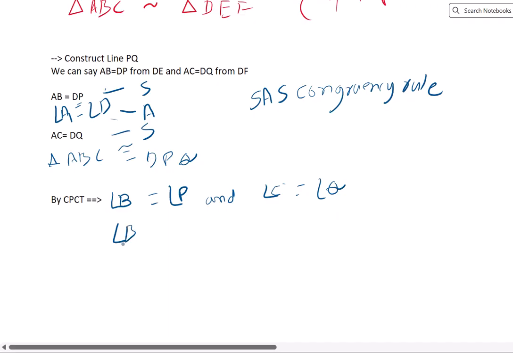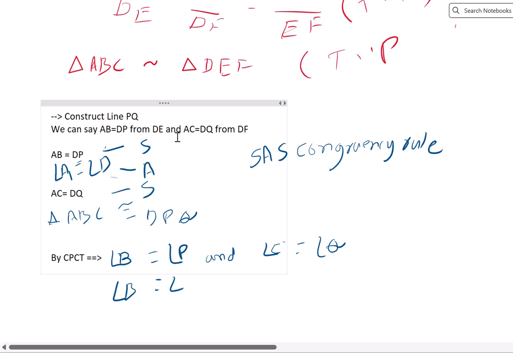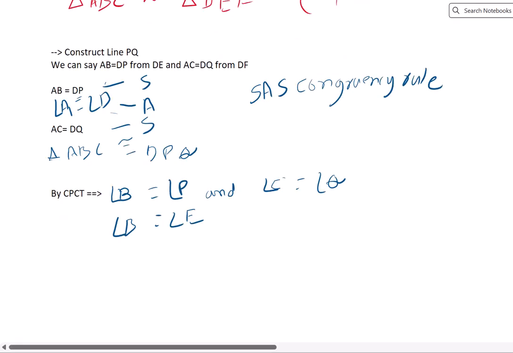Angle B equal to angle E. So if the LHS are the same, then we can write the RHS are also the same. That means we can write angle P equal to angle E.